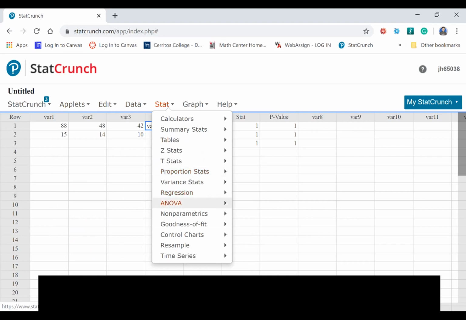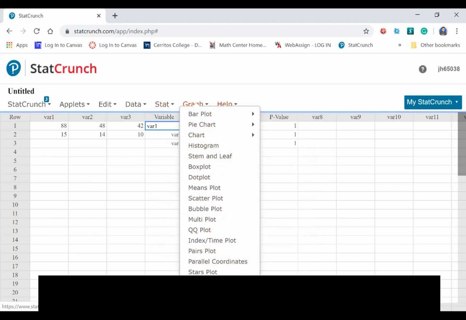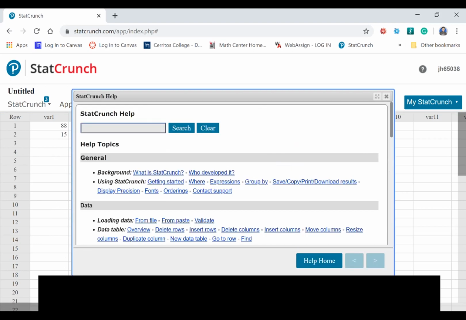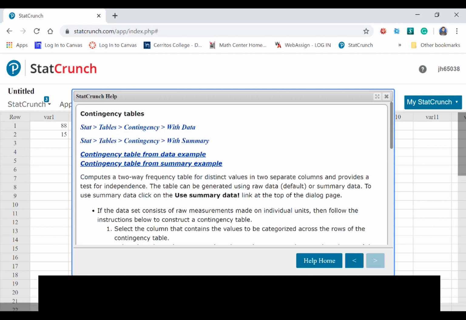Stats. Stat tables, contingency with data.